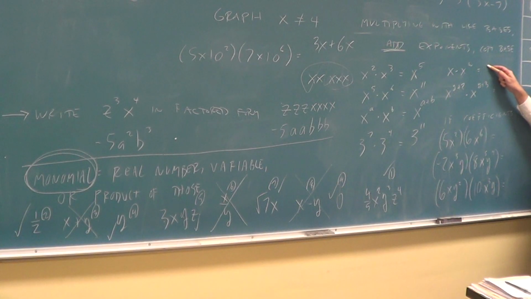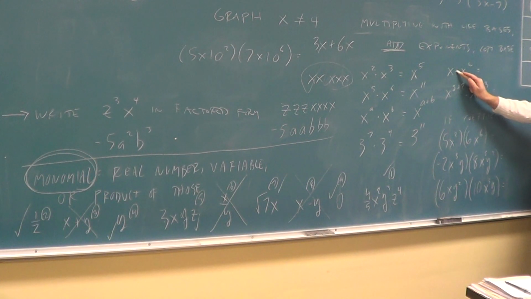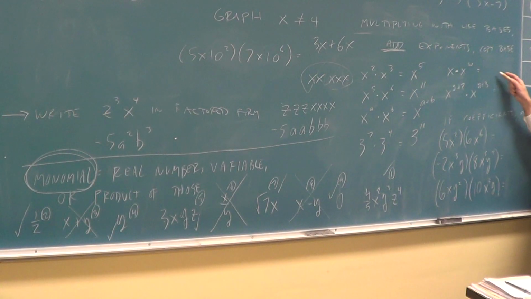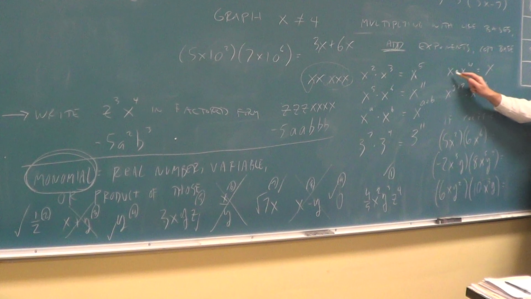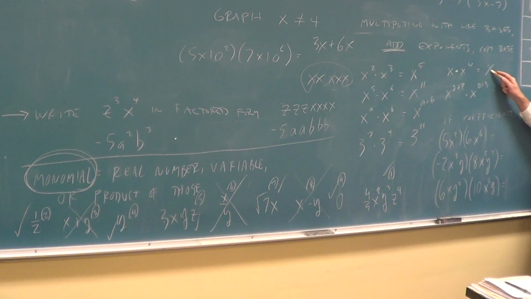So this one, what do you think? These are both x's multiplying. For sure the base needs to be x, so we have x's times x's, it's got to be x's.